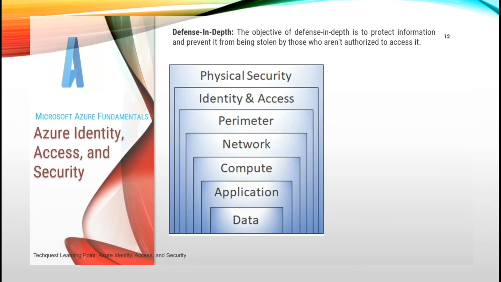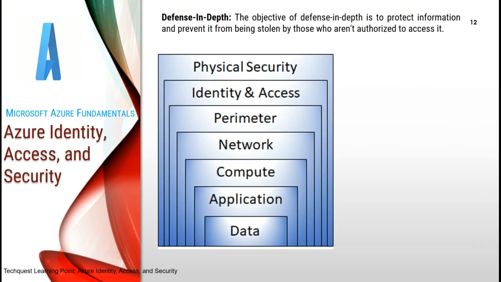Defense in depth. The object of defense in depth is to protect information and prevent it from being stolen by those who are not authorized to access it. A defense in depth strategy uses a series of mechanisms to slow the advance of an attack that aims at acquiring unauthorized access to data.